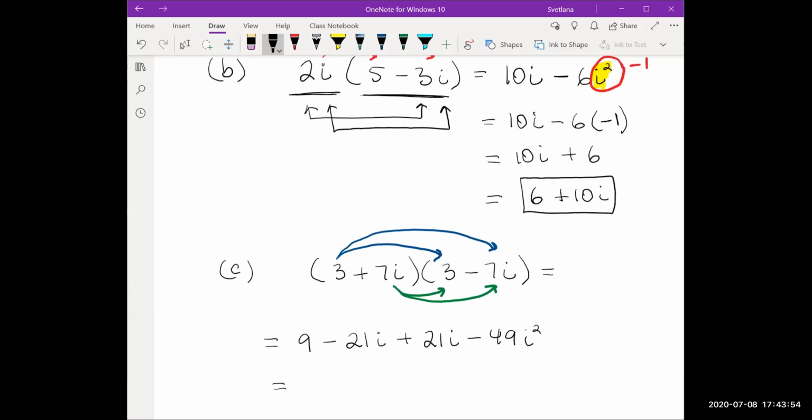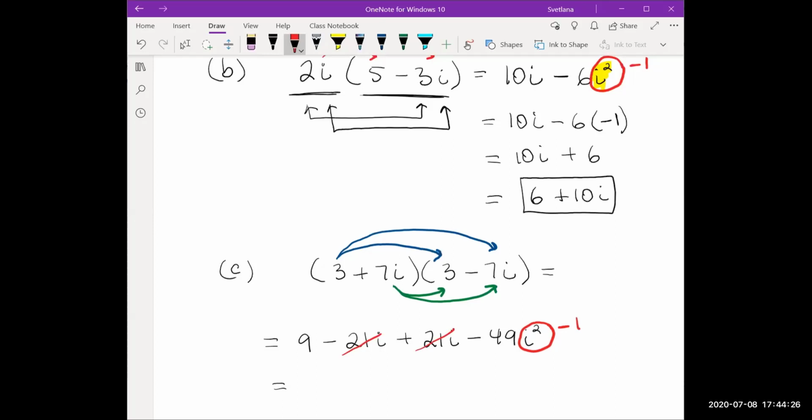So we foiled it, and now we're going to combine the same types of parts, like combining like terms, and take care of that i squared. We're going to replace i squared by -1. When I look at the middle terms, I can see negative 21i and positive 21i. They're opposites, so we can just cancel them out.